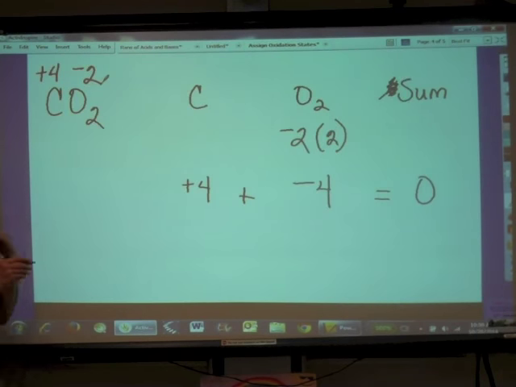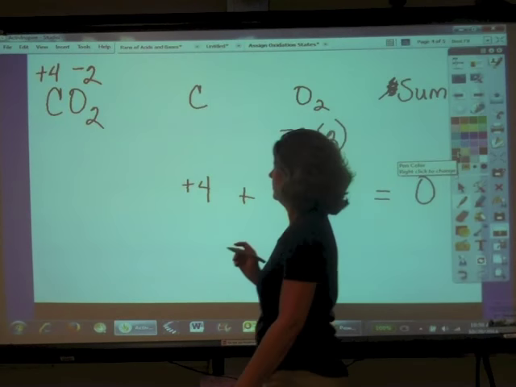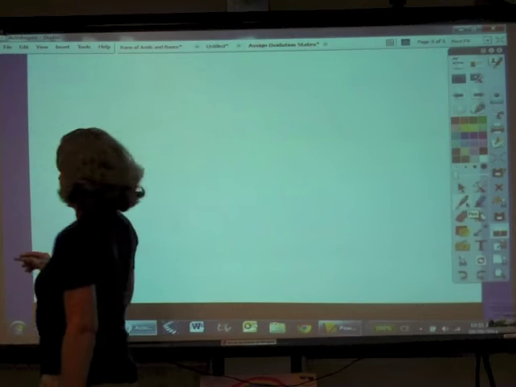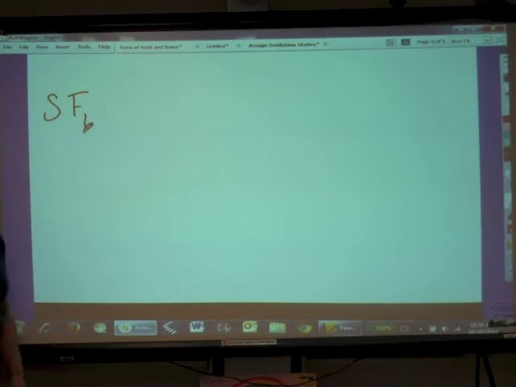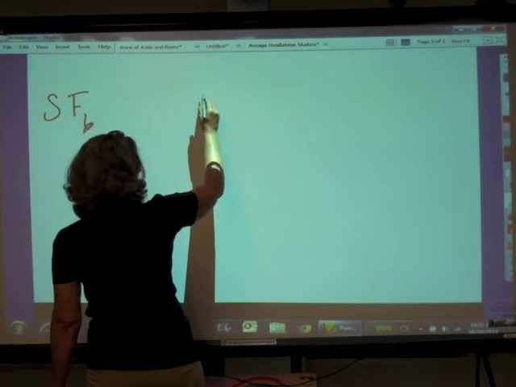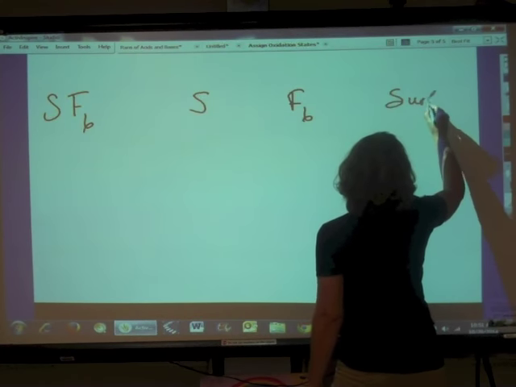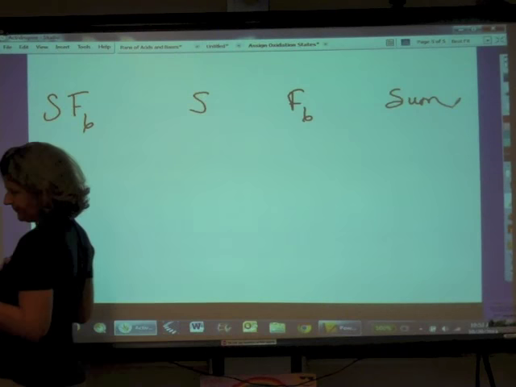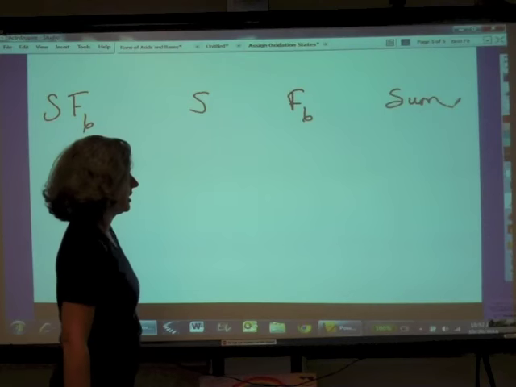Let's do another one. Sulfur hexafluoride. So, sulfur, we don't have a rule for sulfur, but we have a rule for fluoride. So the rule for fluoride is that in a compound, fluoride always has an oxidation state of negative 1.